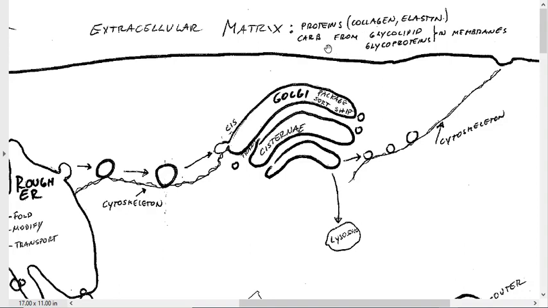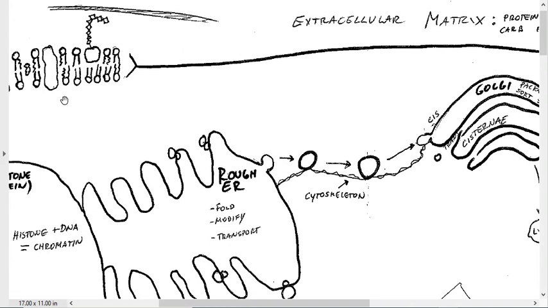We'll talk more about the types of proteins that you might see later. Or you could have carbs, it could be glycolipids, glycoproteins. Those are going to be lipids or proteins with a carbohydrate group attached to them, and we'll talk more about those too. But there is a world outside the cell, and that is called the ECM, the extracellular matrix.